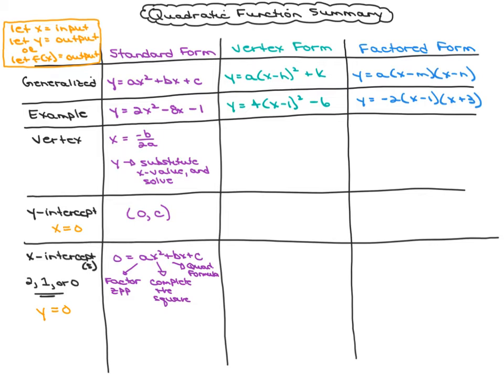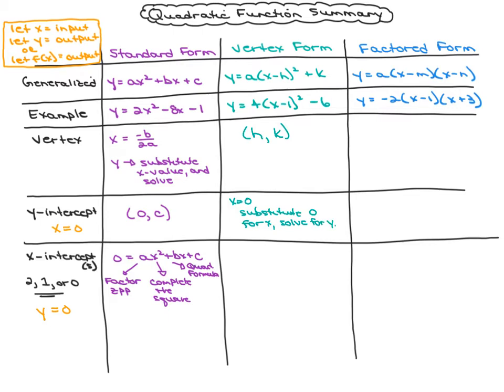It shouldn't be surprising, but with vertex form, it's super easy to find the vertex. It's simply h, the number being subtracted from x, and k. Done there. The y-intercept is also easy. Since x is equal to 0, substitute in 0 for x and solve for y. Nice and easy.